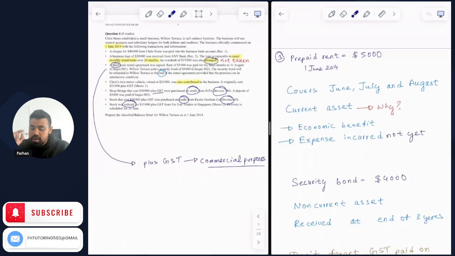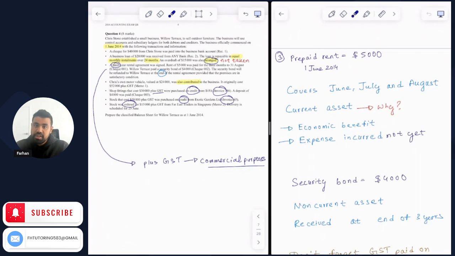Now, a lot of students forget to record the GST part. Now, the rent that we are signing here is dependent on business operations, right? So this is referring to a commercial agreement, like this agreement that we have entered with our landlord as a tenant. This is referring to commercial purposes because we're running a business.